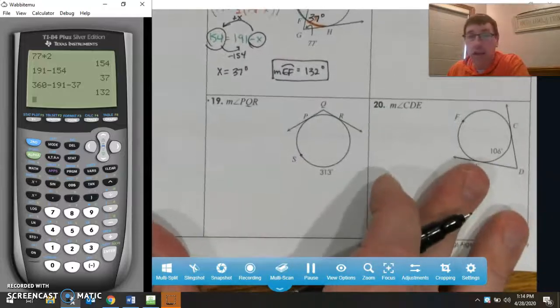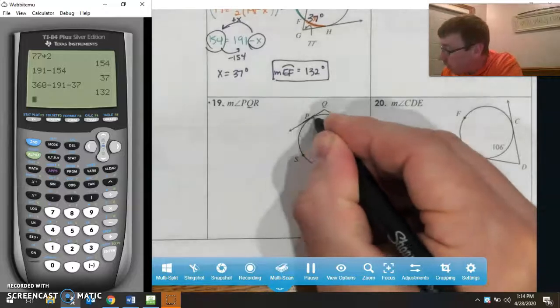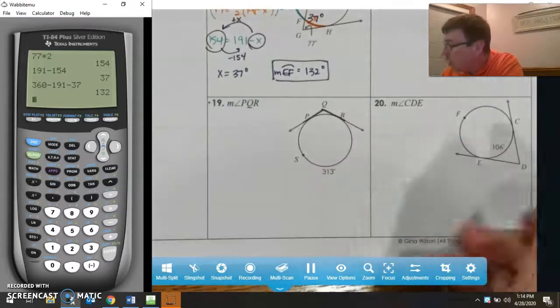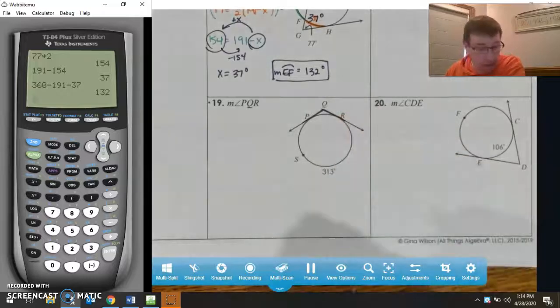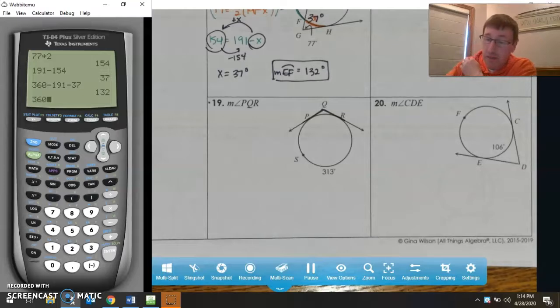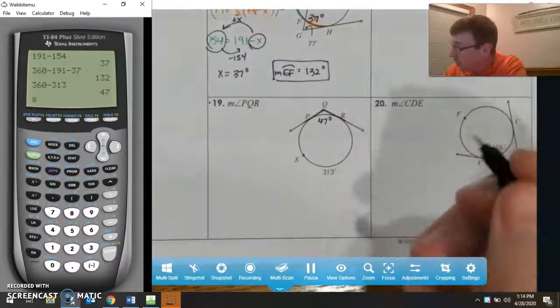Now, take a look at number 19. We're looking for the measure of this angle, PQR. I know this arc is 313. I don't know this arc here. However, I do know that there's 360 degrees in a circle. So if I take 360 minus 313, this arc measure will be 47 degrees.